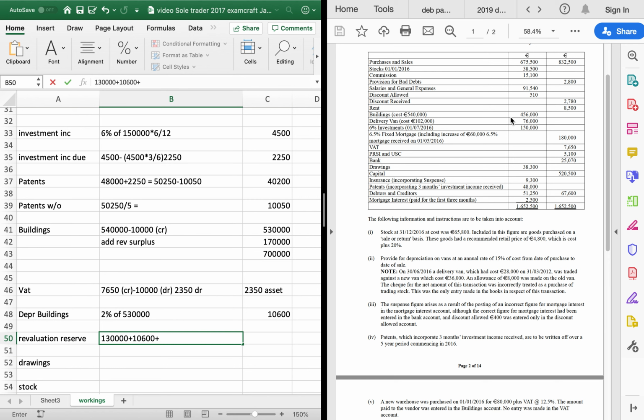So your revaluation surplus is the three of those added together, which is 264. Am I wrong there?